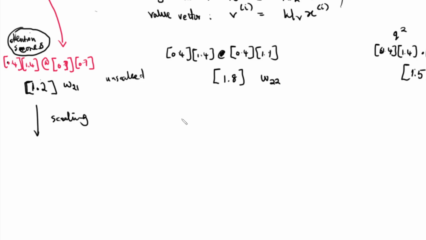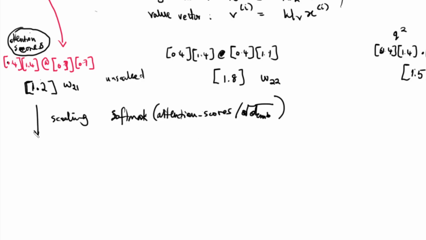Now that we've done our scaling, we apply our softmax on our attention scores, which are divided by the square root of the embedding dimension. So this is the square root of d, the dimension of the embedding.